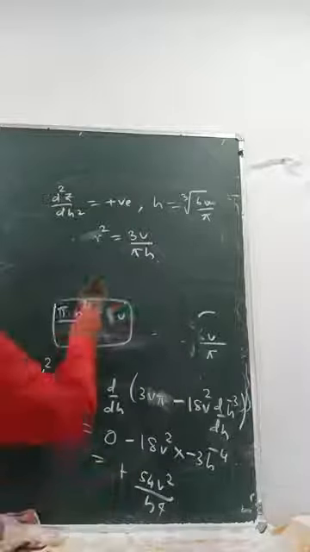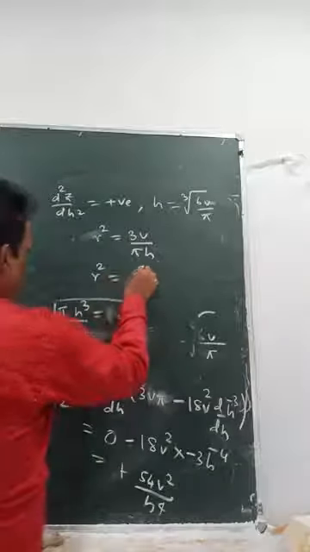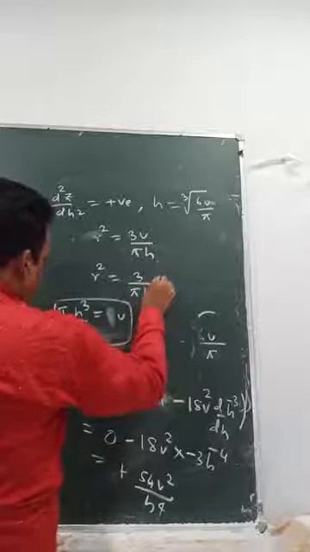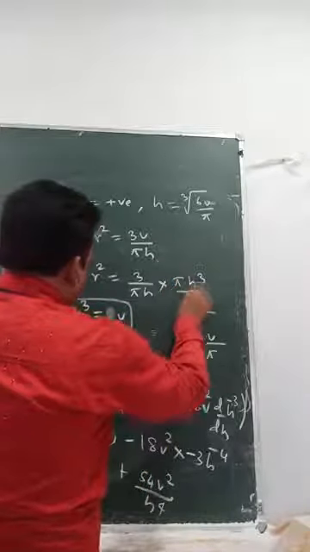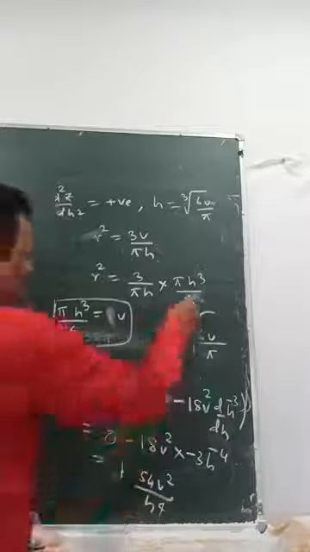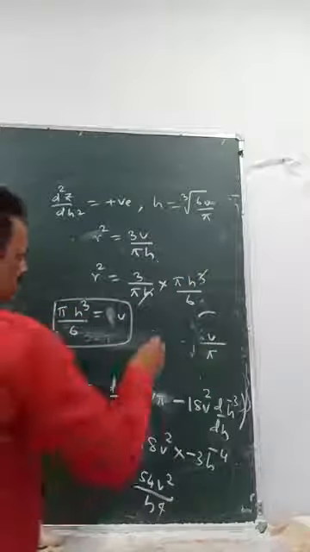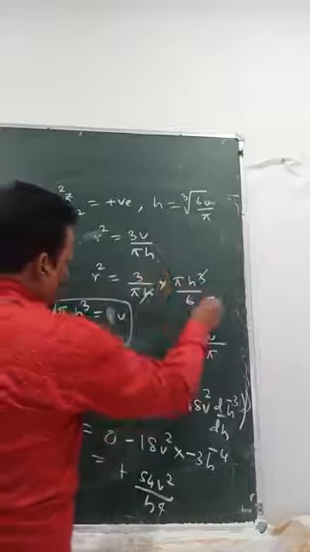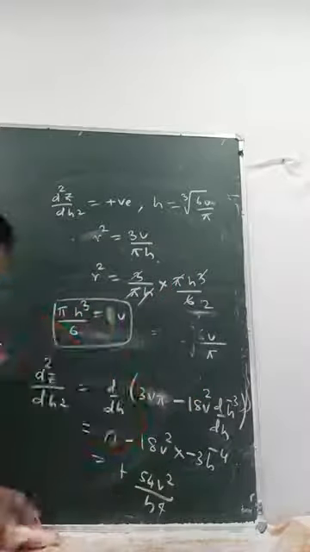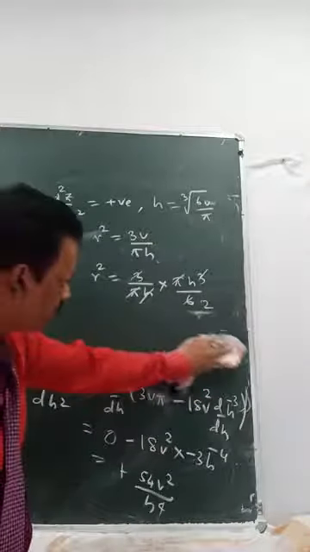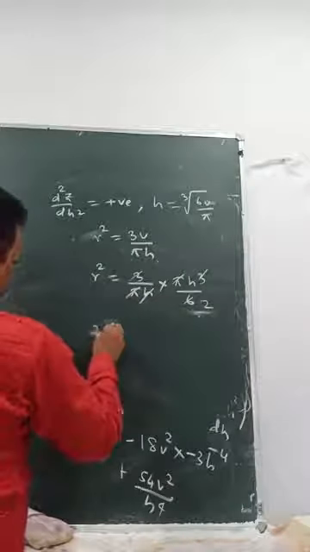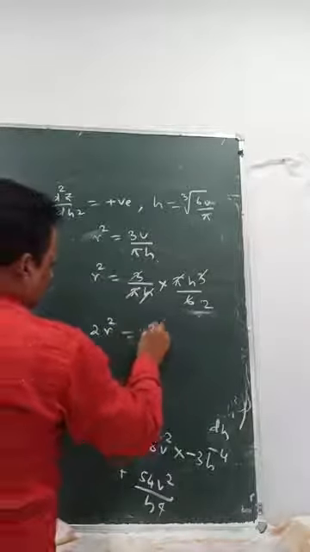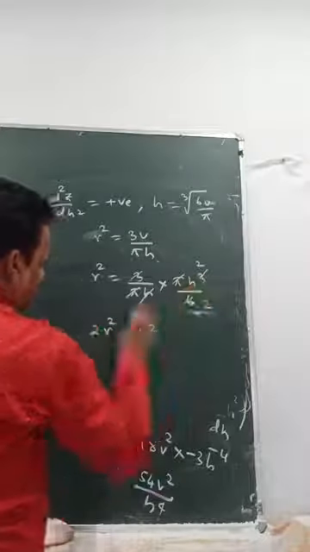So how much you will get? R square equals to 3 by pi h, V is pi h cube by 6. Look, one of the h is cancelled. 3 cancelled with 6 giving 2, pi is cancelled. So you got 2r square equals to h square, because 1 h is cancelled.